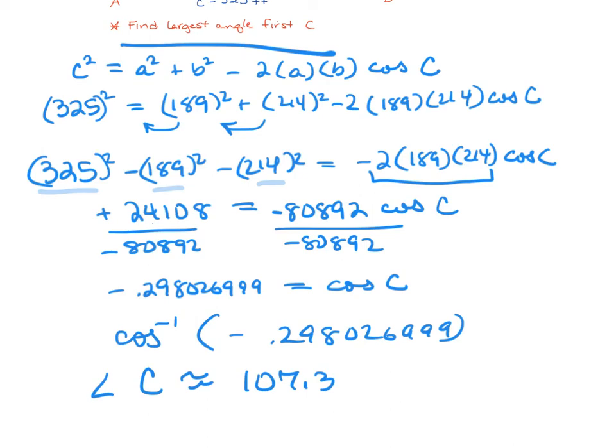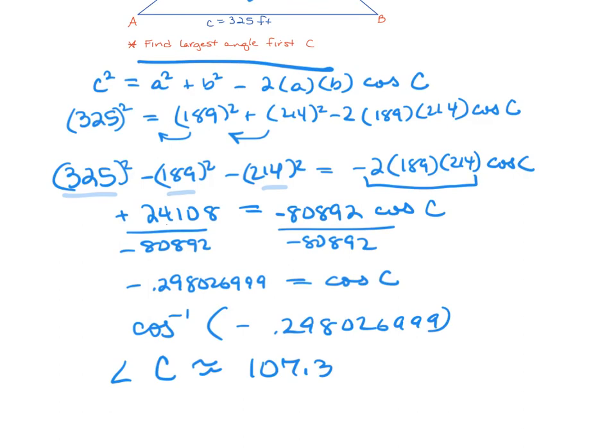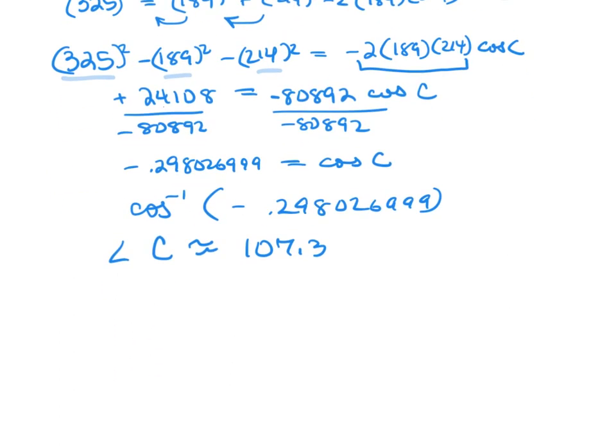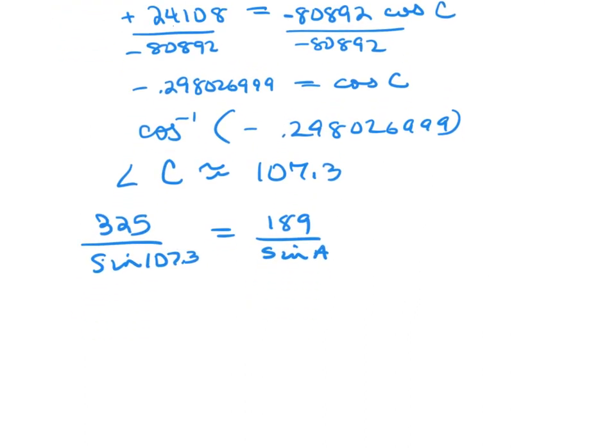Now, to find the next angle, I can do law of sines. And it doesn't matter which of the two acute angles I find first. So let me go ahead and find angle A. So I'm going to take my 325 over the sine of 107.3 is equal to 189 over the sine of A. Cross multiply and divide.